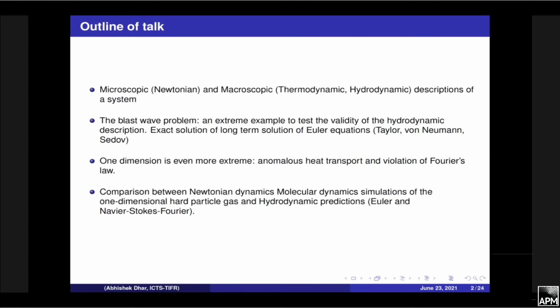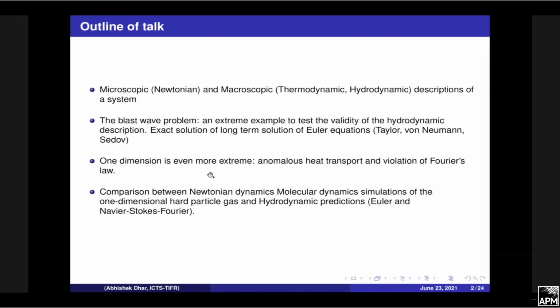But for this particular initial condition, when you have a blast and then you look at long times, it turns out that there is an exact solution which was obtained by Taylor, von Neumann, and Sedov. This is around the time of the first atom bomb experiments. So there's an exact solution, and this is why it's good to investigate this in detail.